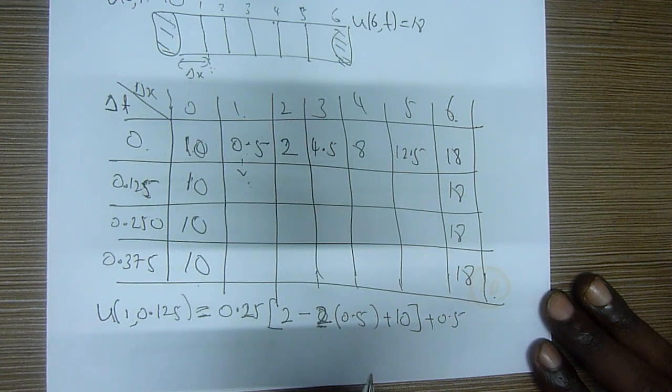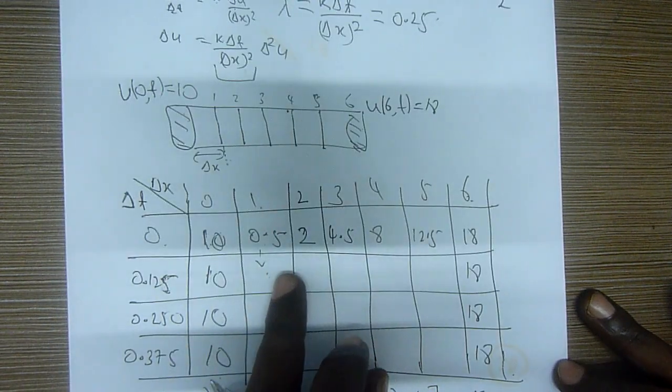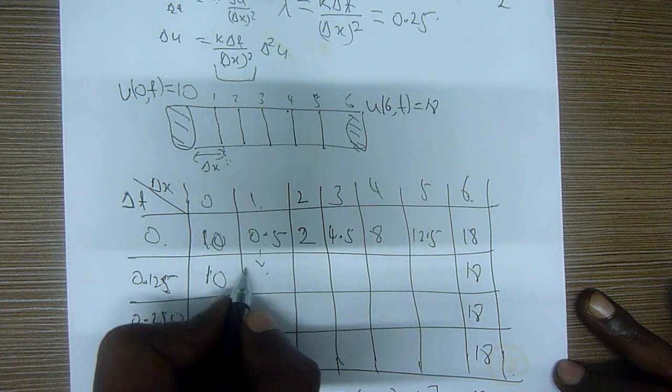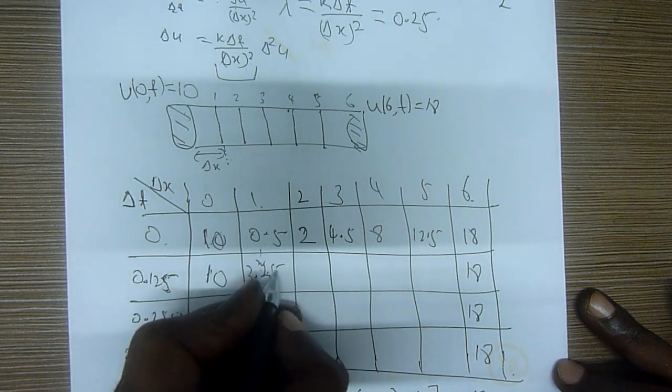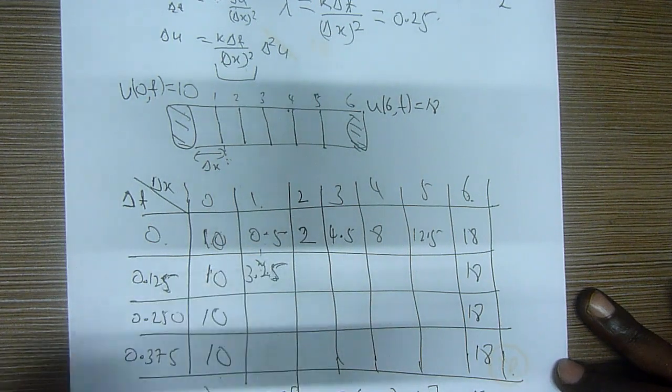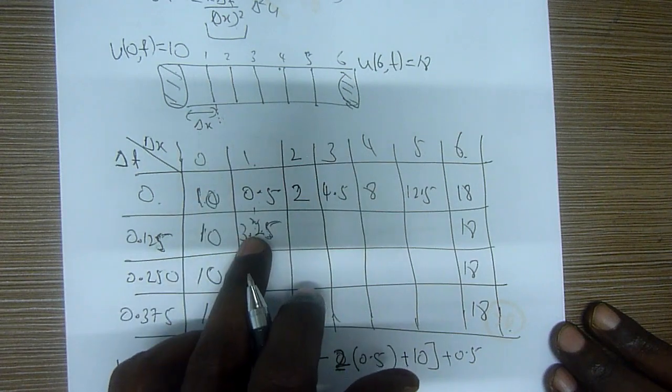In this particular case, it's up to you how you want to calculate the results, and you can solve the problem. When you calculate that, now you get 3.25. You need to pull from here, this side.